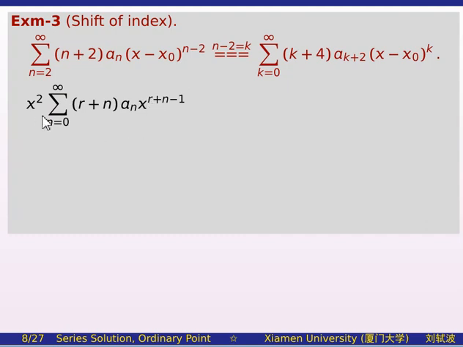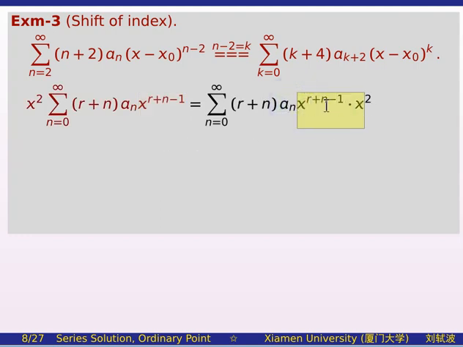Another example: we consider x squared multiplied by this power series, where r is an integer. Because x squared does not depend on the summation index n, we can move x squared inside and combine the power of x squared with the term in the power series to get this.